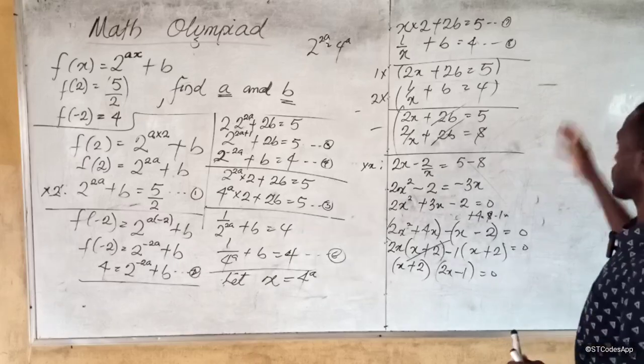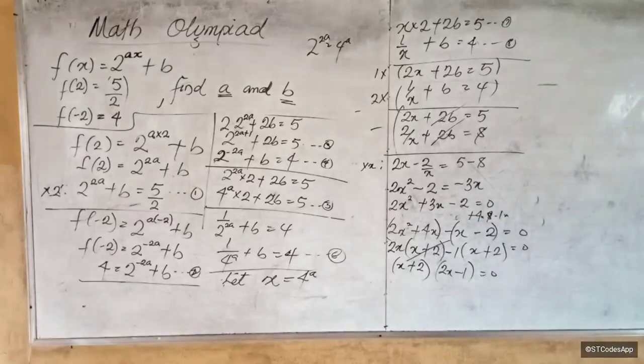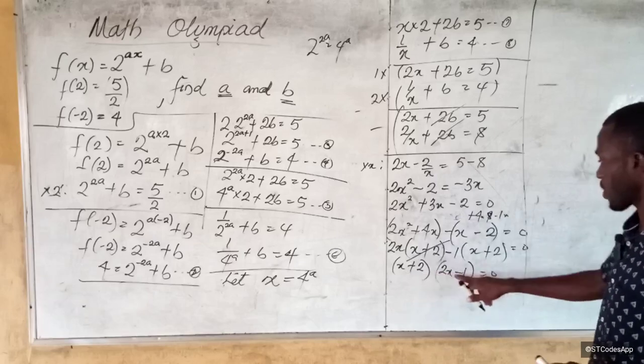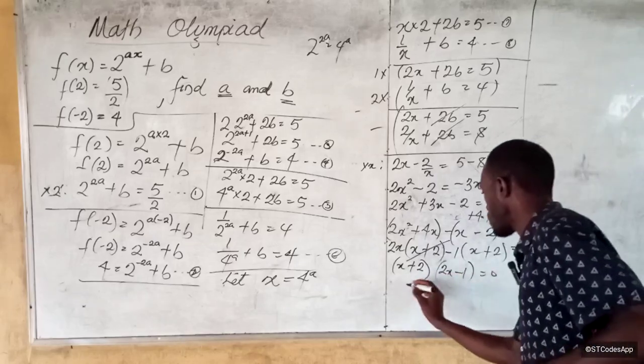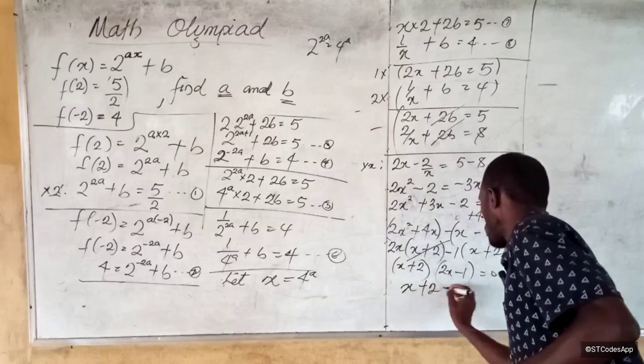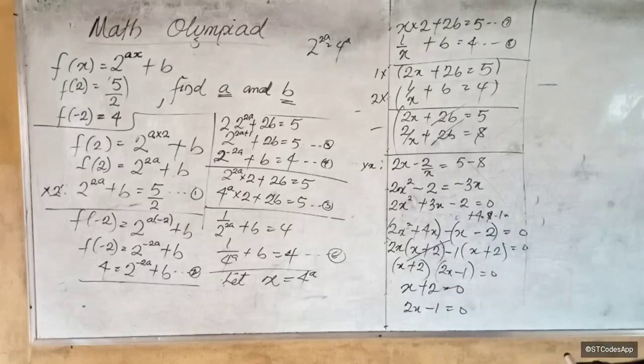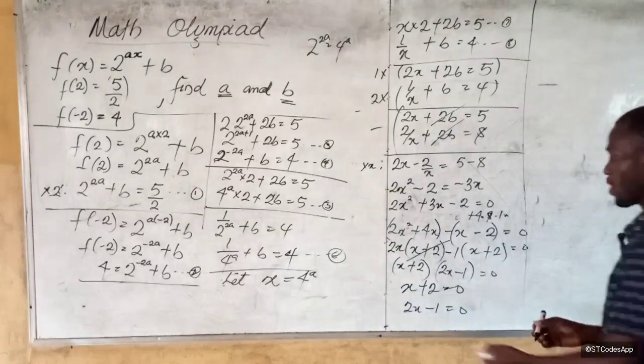So if the multiplication of these gives 0, it means that either x plus 2 is 0 or 2x minus 1 is 0, for one of them must be 0 for it to give us 0.